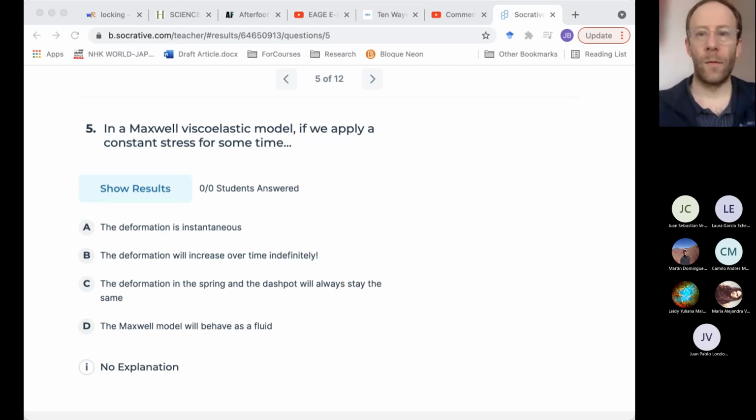I would say D makes sense. All right. Yes, D is good. Basically, B and D are, in my head, a bit the same. It's basically one of the properties of fluids to be able to sustain some deformation almost indefinitely. Yes, they have no resistance to changes of shape.